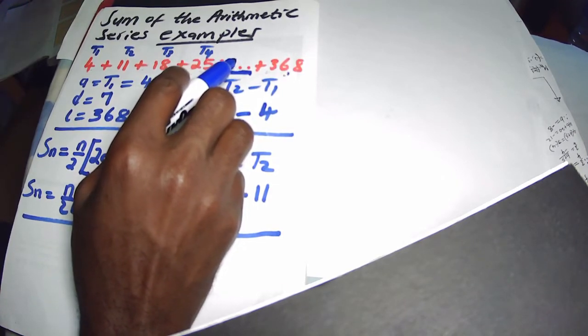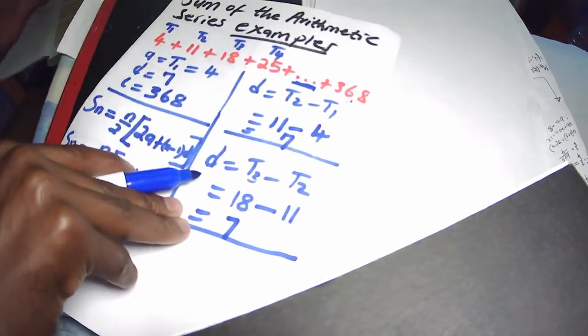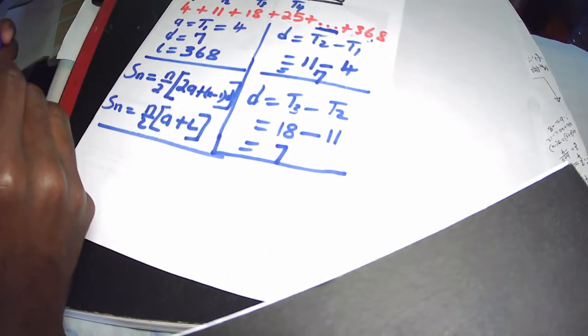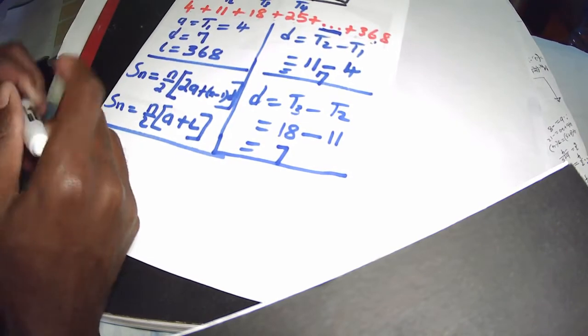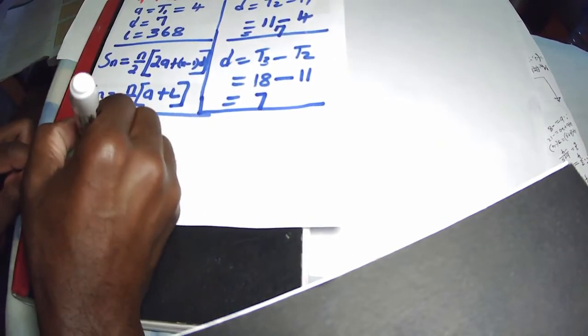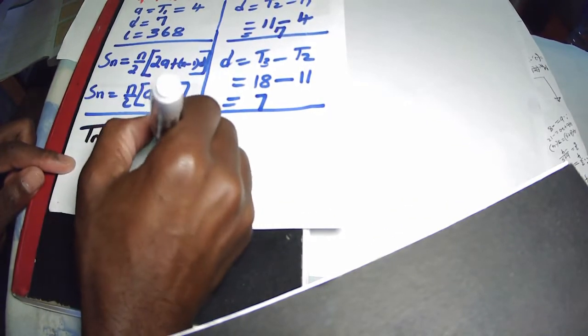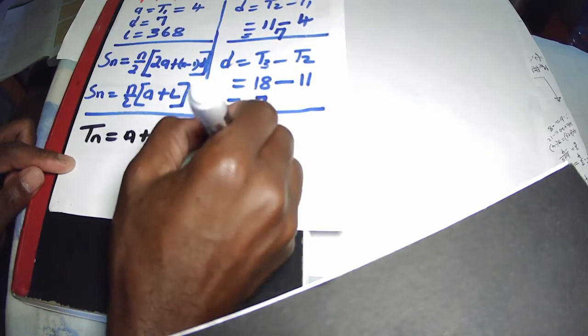So it's much better to calculate the number of terms. Tn is equal to a plus (n minus 1)d.